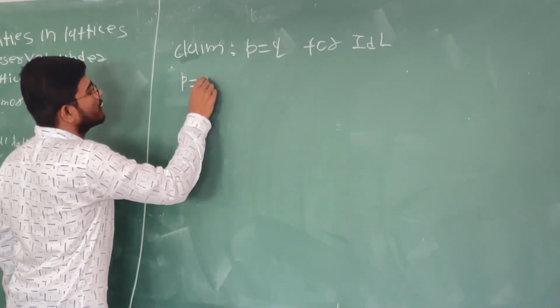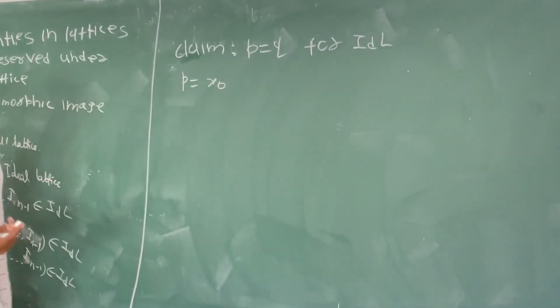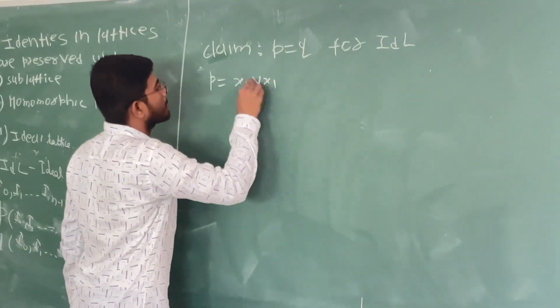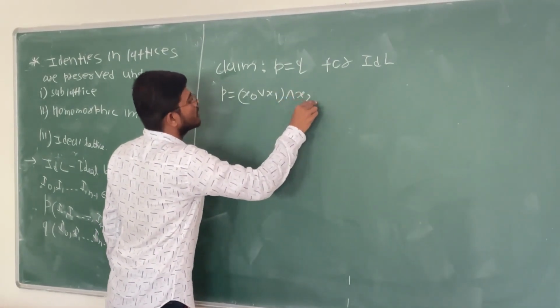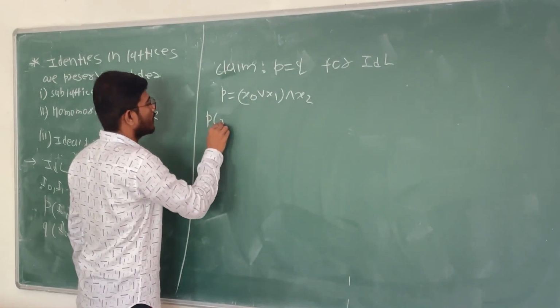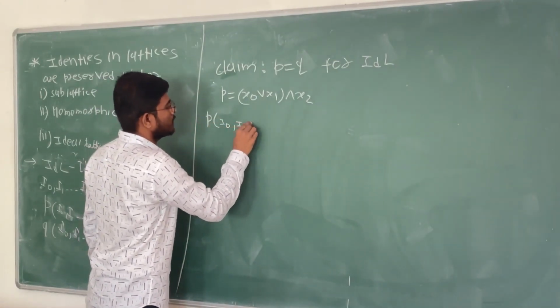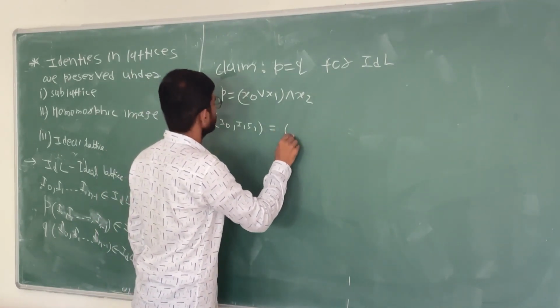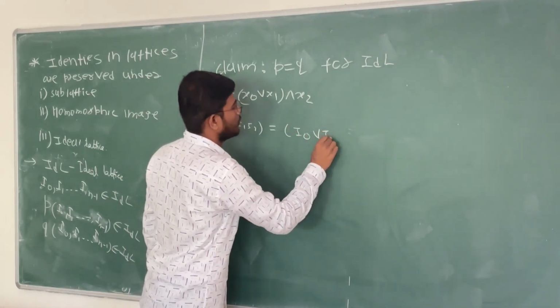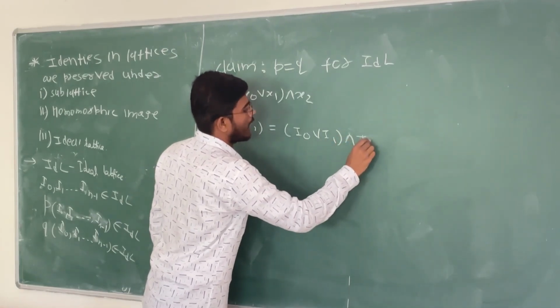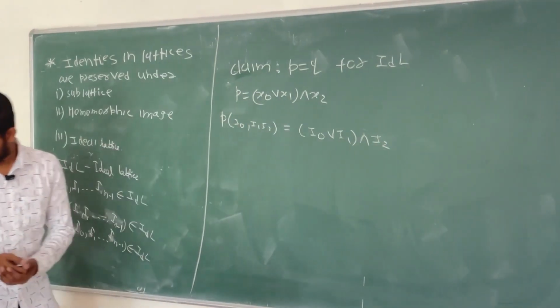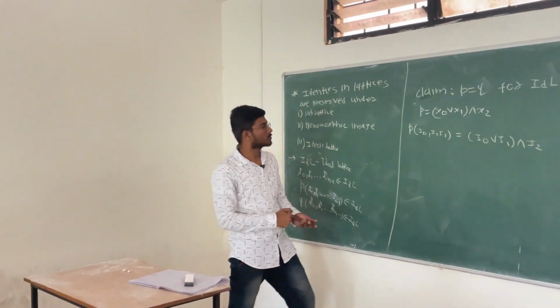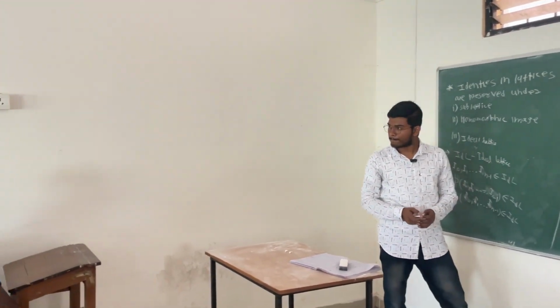If we have a polynomial in x0, x1, x2 and take it as P of I0, I1, I2, we get I0 join I1 meet with I2, and so on. Here the values we substitute are nothing but ideals.